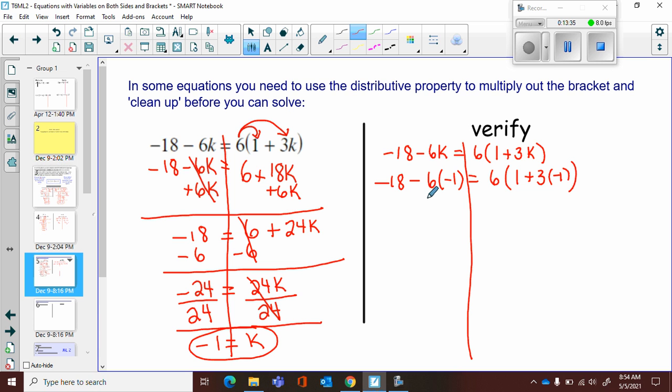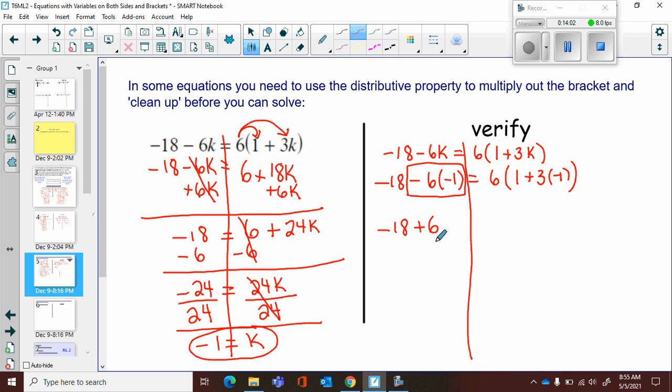So I'm going to start with this part right here. And I'm going to calculate negative 6 times negative 1. That's what I'm going to do first because I want to do my multiplication first. So negative 6 multiplied by negative 1 equals a positive 6.